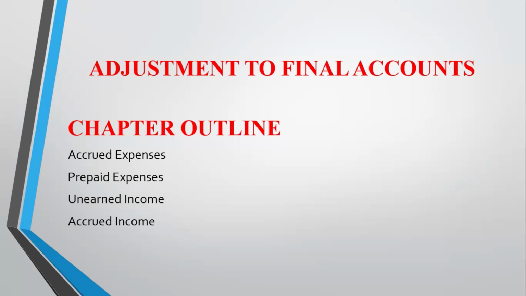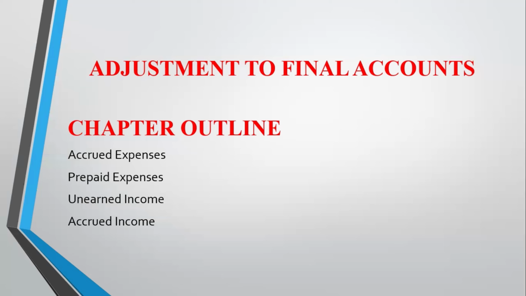First of all, when we talk about the adjustments in final accounts, it refers to the changes or entries made at the end of the accounting period to ensure that all incomes and expenses are recorded in the correct accounting period, following the accrual basis of accounting.